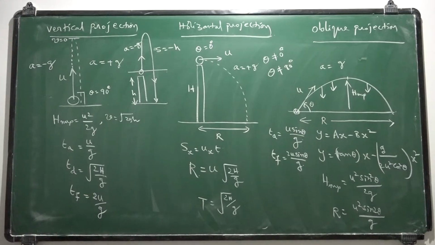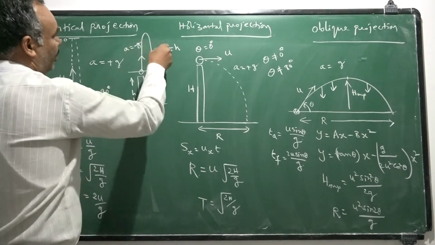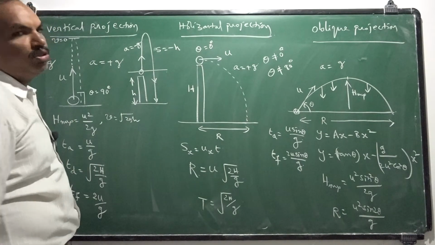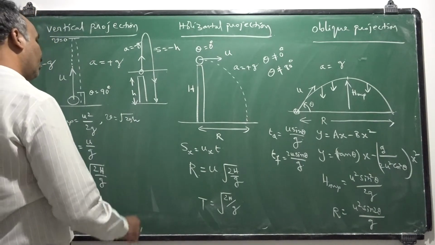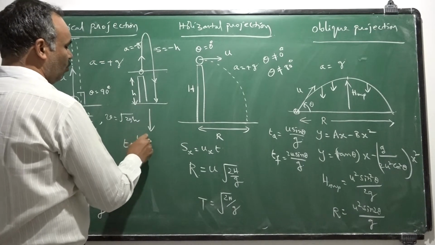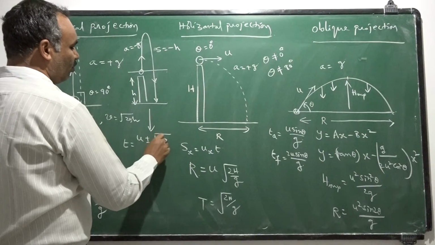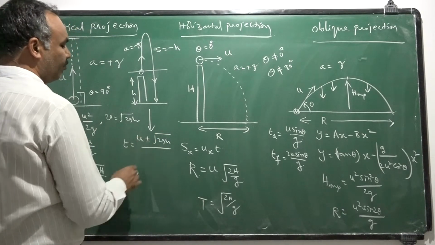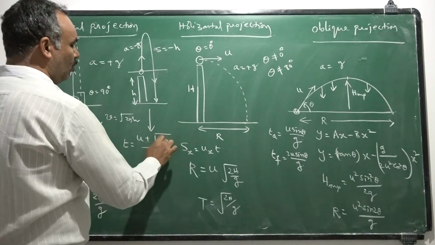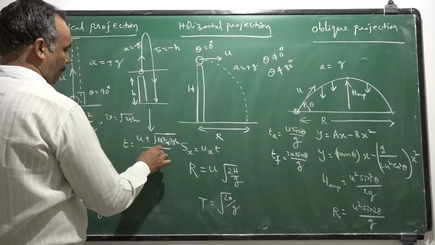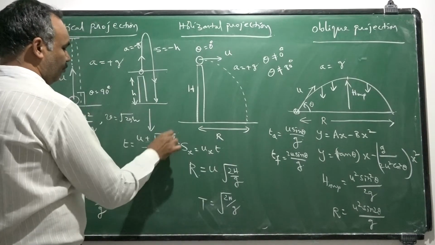h. And by taking them into consideration, if we substitute them in s is equal to ut plus half at square, on simplification you will get the time of flight as u plus or minus square root of u square plus 2gh by g.